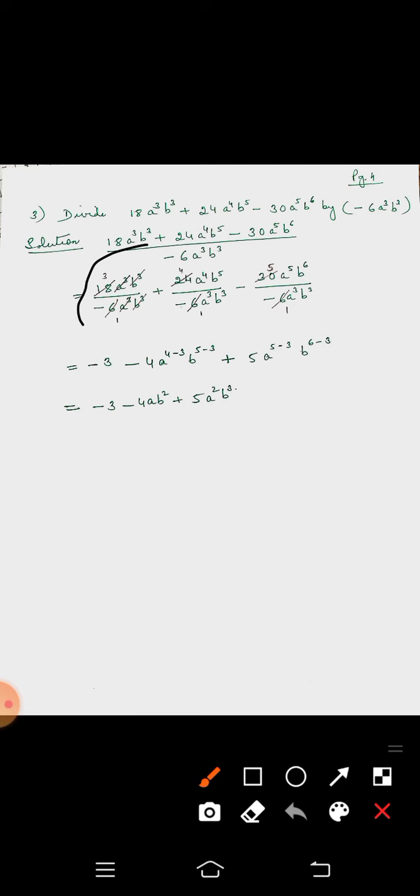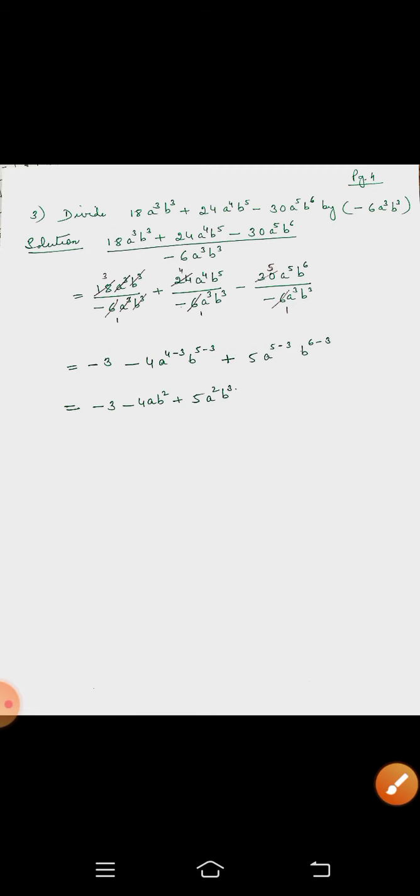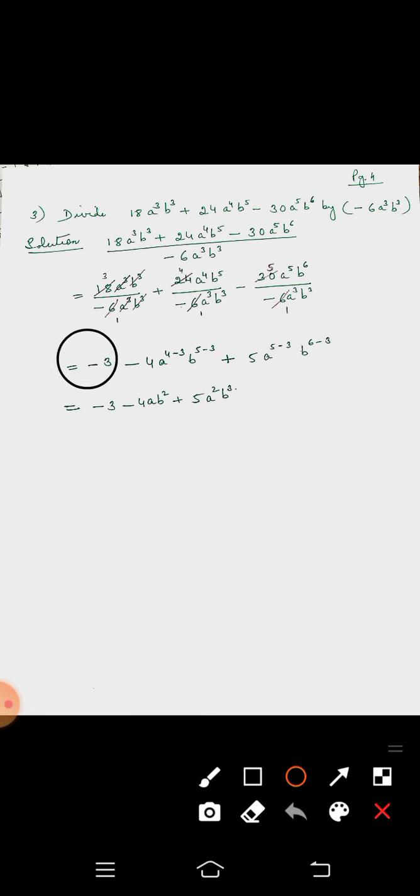The remaining number of the first term is here. Only 3 is remaining, and since here you have minus, therefore minus 3. Alright, and here also you have minus and plus becomes minus.